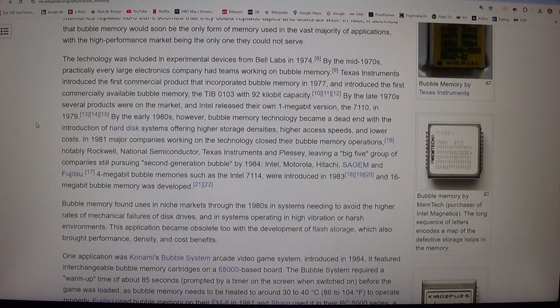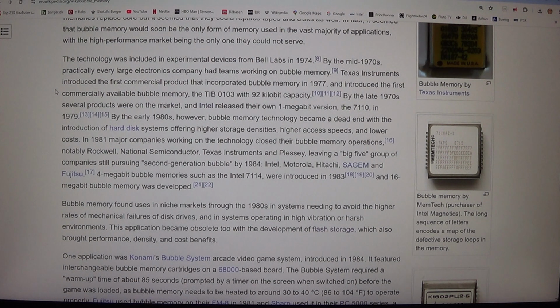The technology was included in experimental devices from Bell Labs in 1974. By the mid-1970s, practically every large electronics company had teams working on bubble memory. Texas Instruments introduced the first commercial product that incorporated bubble memory in 1977, and introduced the first commercially available bubble memory, the TIB0103 with 92 kilobit capacity.